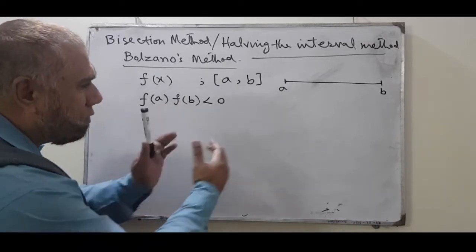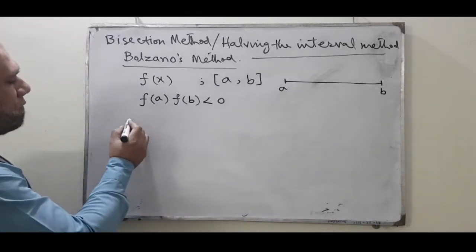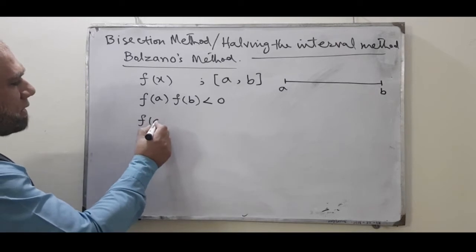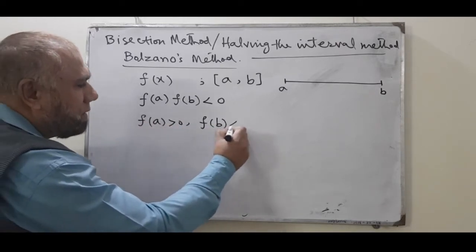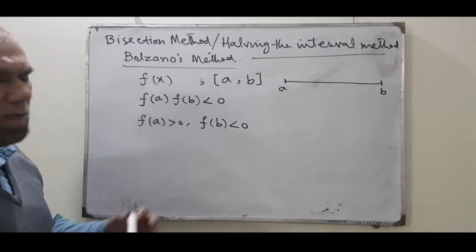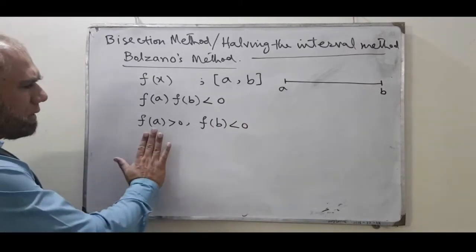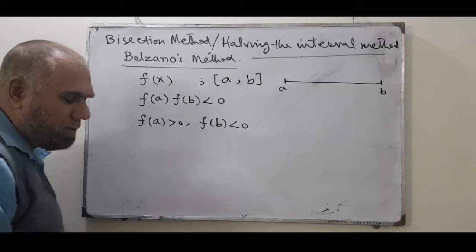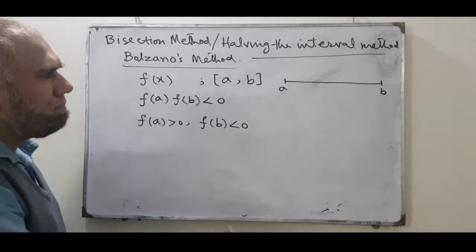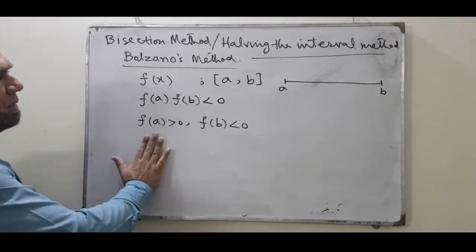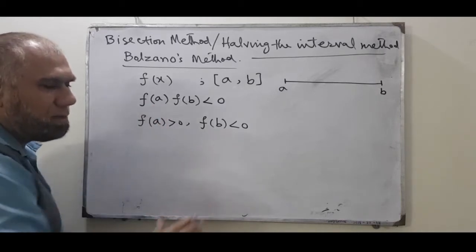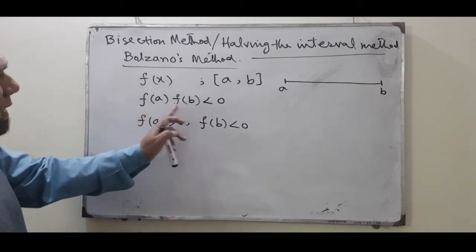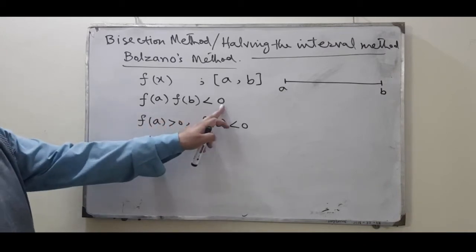For the time being, for the procedure's point of view, we take the value of the function at a as positive and the value of the function at b as negative. You can take vice versa, negative here and positive there; both will work. Here I am taking the value of the function at a as positive and at b as negative, and when we take the product of these two, the result will be negative.